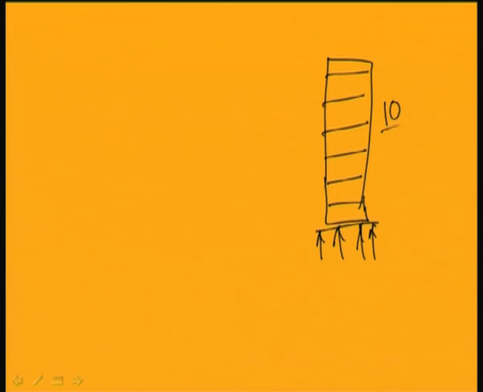Here the mass matrix and stiffness matrix can be written in this form. The mass matrix will be a 10:10 matrix and the stiffness matrix will be a 10:10 matrix.